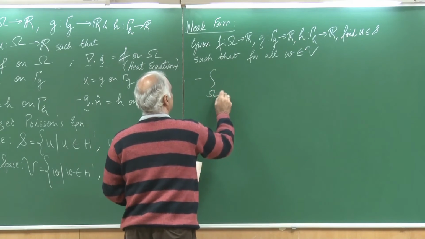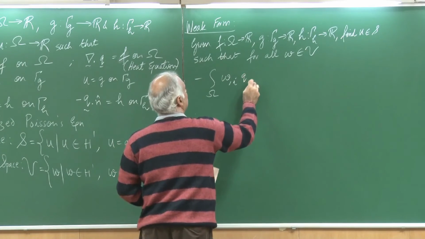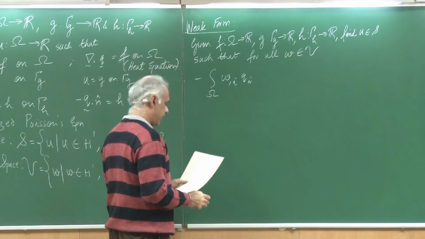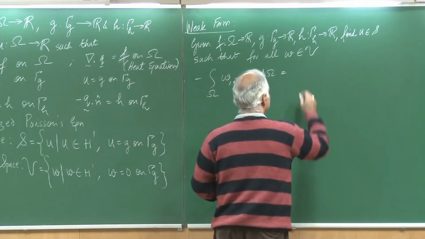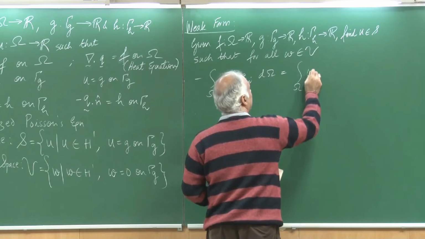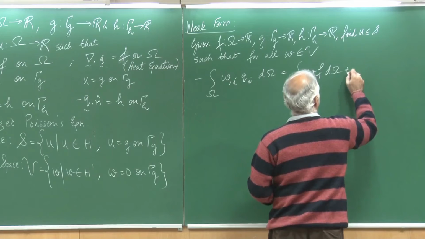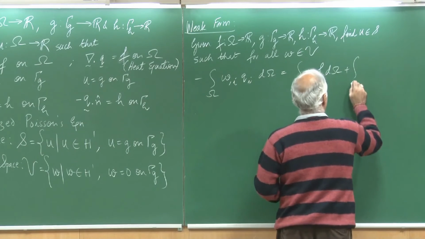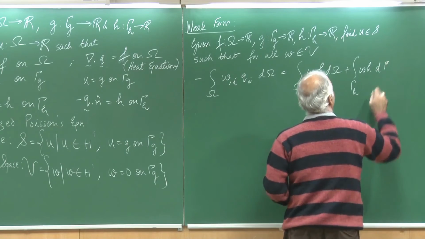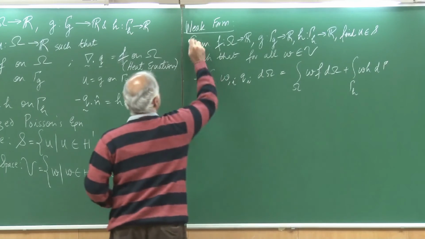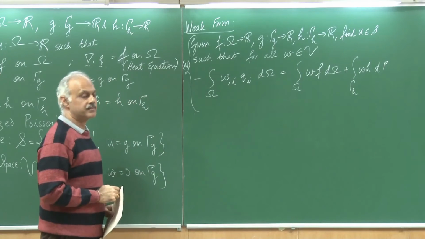So this I will give to you and then show it to be true. The integral over omega of w comma i q i d omega equals the integral over omega of w times f d omega plus the integral over gamma h of w h d gamma. This is the weak form of the problem.